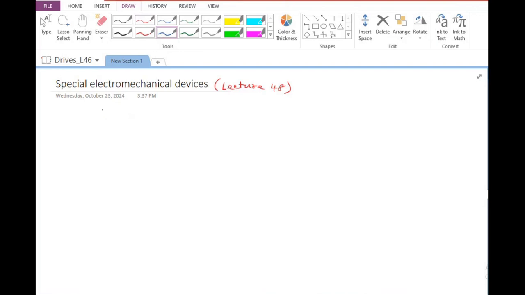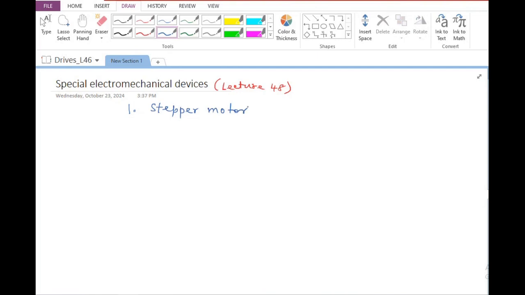We are going to mainly talk about three different kinds of special motors. One is stepper motor. Stepper motor is mostly used for discrete motion.